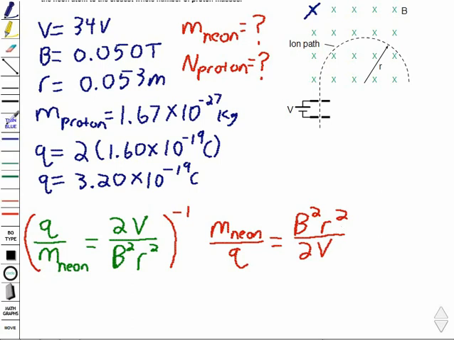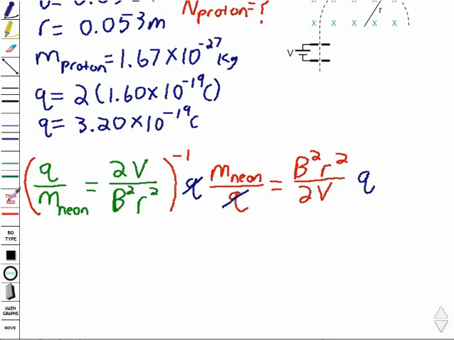Now I can multiply by Q on both sides. It cancels on the side with the mass of neon, and we're left with the mass of neon equaling the magnetic field strength squared times the radius squared times the charge, divided by twice the voltage.